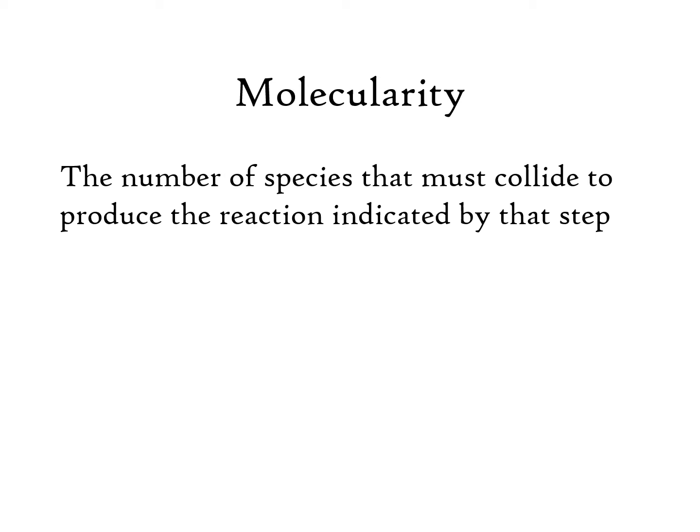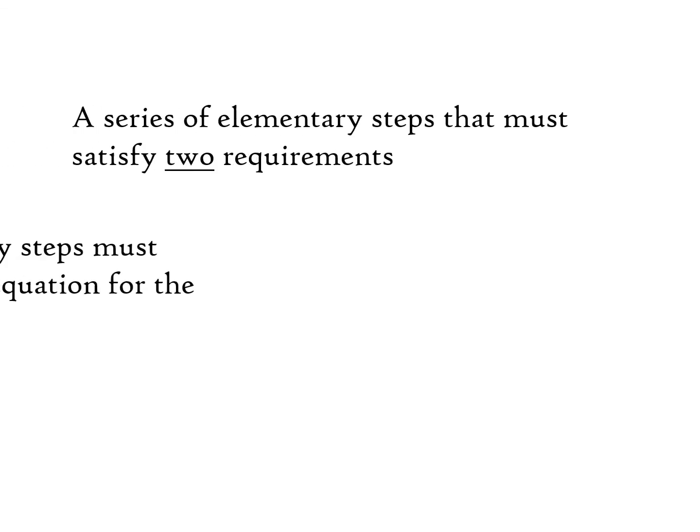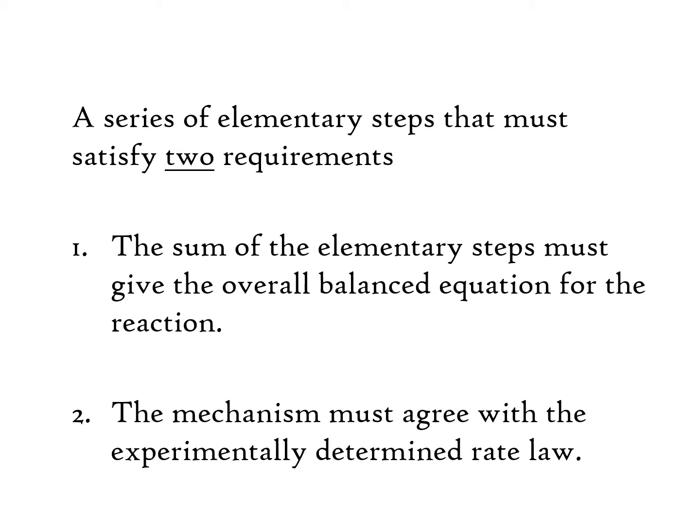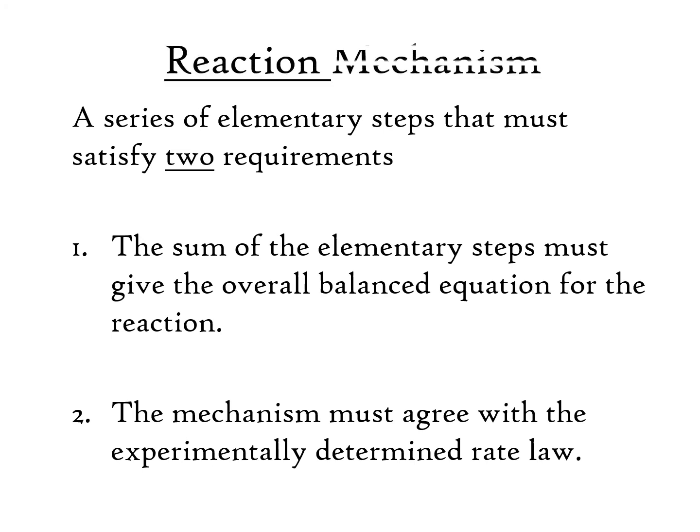So you might remember we have unimolecular, bimolecular, and termolecular. For a reaction mechanism to be verified, it has to satisfy two conditions. The sum of the elementary steps must give the overall balanced equation for the reaction, and the mechanism must agree with the experimentally determined rate law.